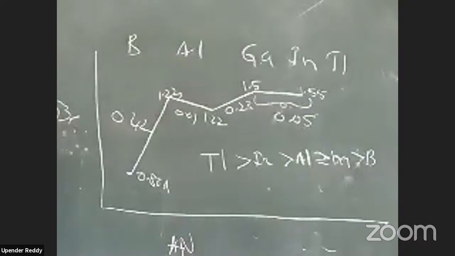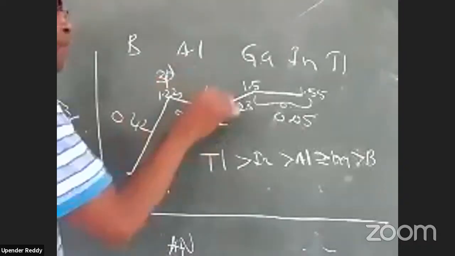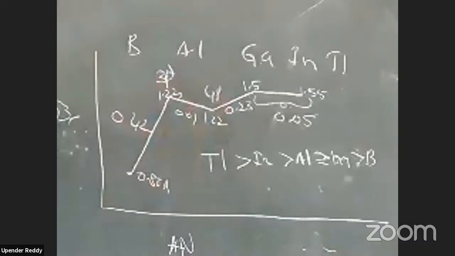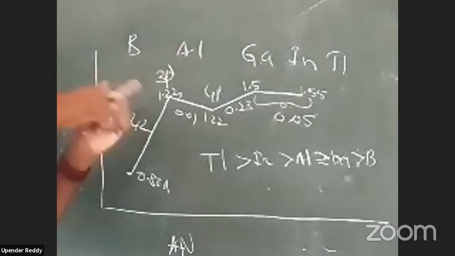Now anyone answer: why does aluminium have more size, or almost equal size, than gallium, even though aluminium is in the third period and gallium is in the fourth period? I am explaining the d block only, but it is also most important.